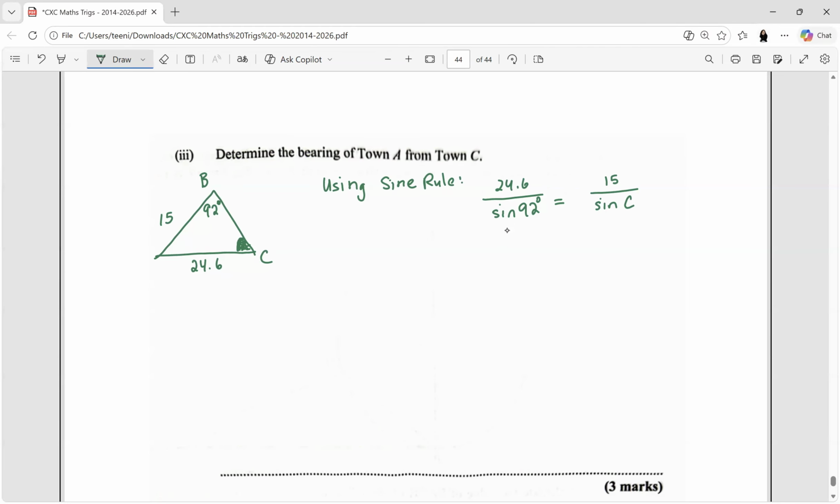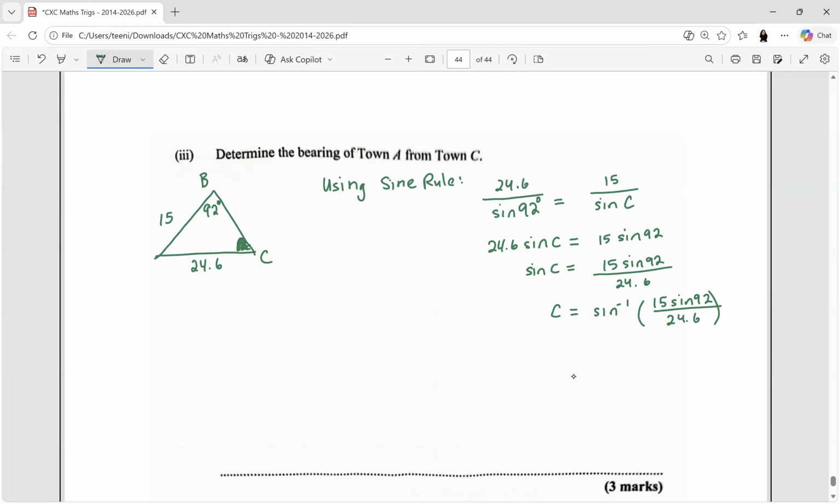Now you cross multiply, so you'll say 24.6 times sine of C is equal to 15 times sine of 92. And this will mean that sine of C is equal to 15 sine 92 divided by 24.6. So therefore, C is equal to the sine inverse of 15 sine of 92 divided by 24.6. So on your calculator, you're going to do 15 sine 92 divided by 24.6.